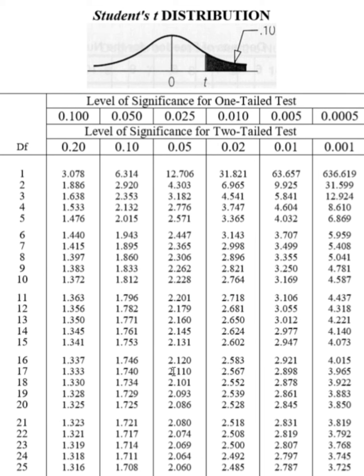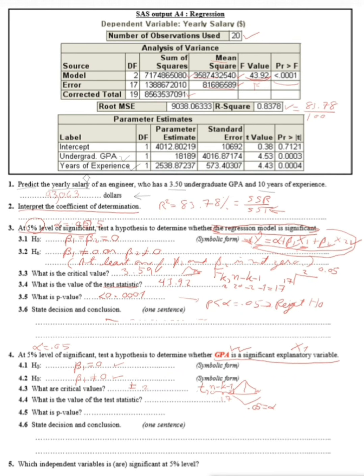So 2.110. The value of the test statistic here, for x1 GPA, this row, t statistic 4.53, p-value 0.0003. So this is also smaller than alpha 0.05.